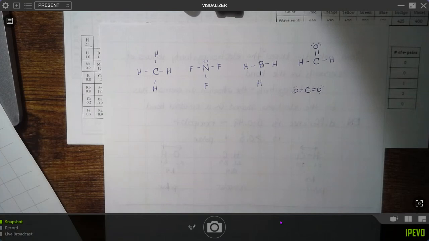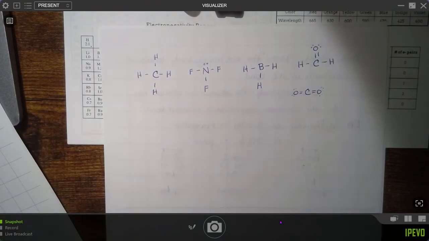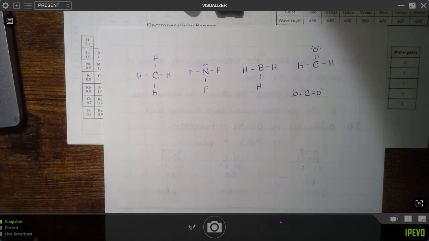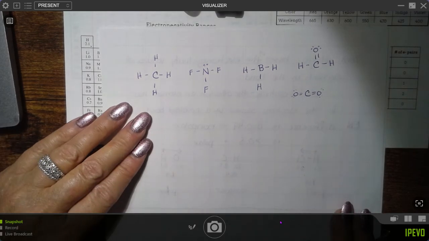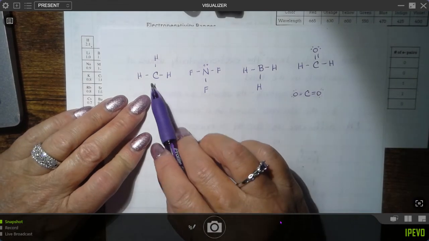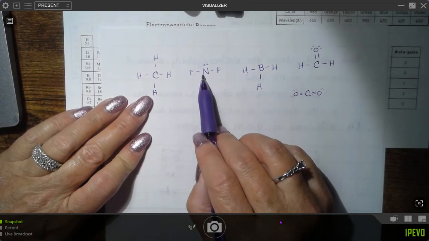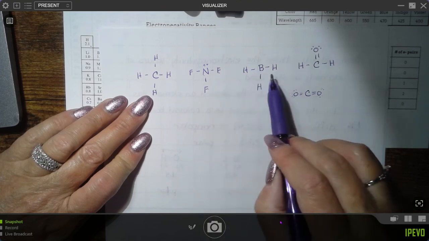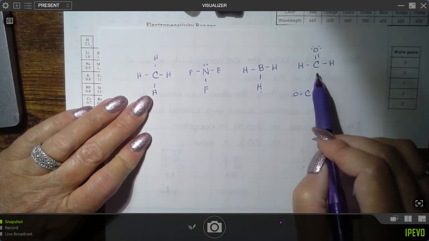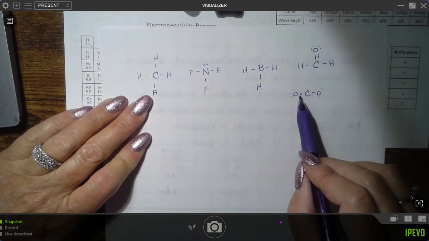So here are a number of examples of molecules. I want to determine, are these molecules polar or not? So let's look at the group of molecules. We have CH4, we have NF3, we have BH3, we have CH2O, and we have CO2.